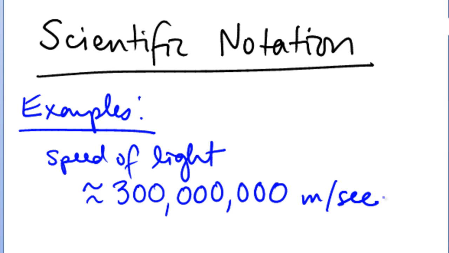Right? 300 million meters per second approximately. That's a lot of zeros to write. There's a faster way to write that actually. Using scientific notation, it turns out, we can write this much more quickly, like this. We'll see how to do that in a moment. Much faster to write.